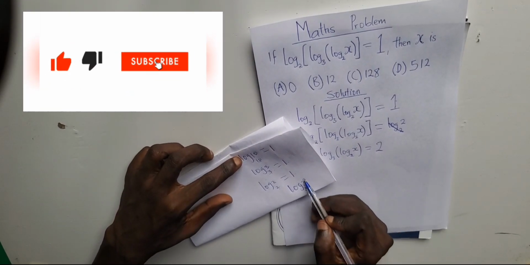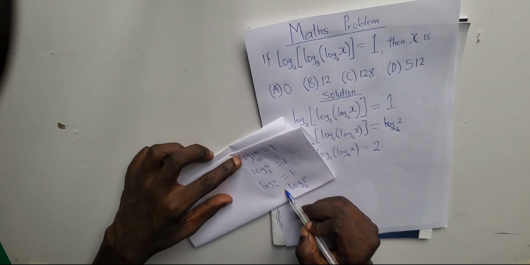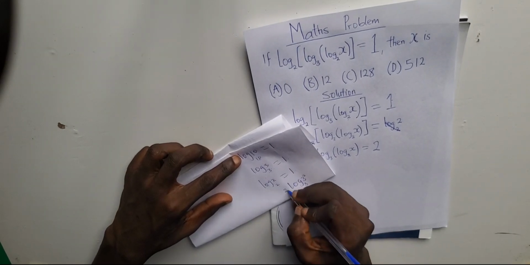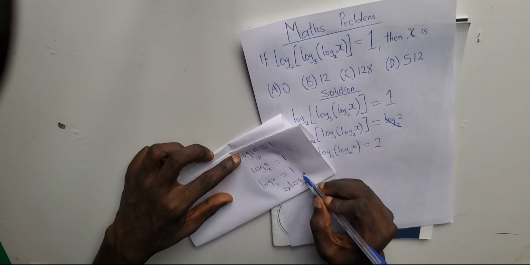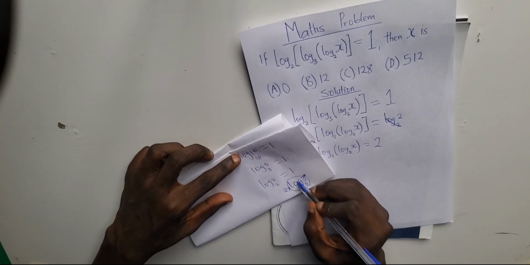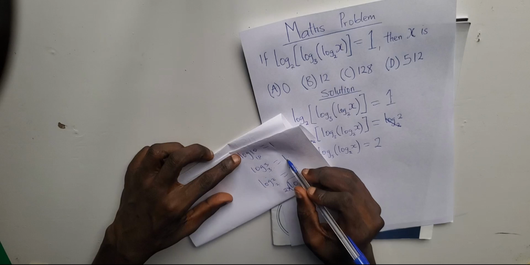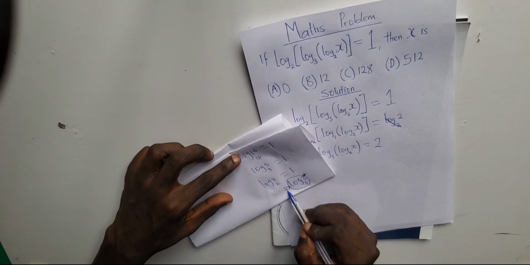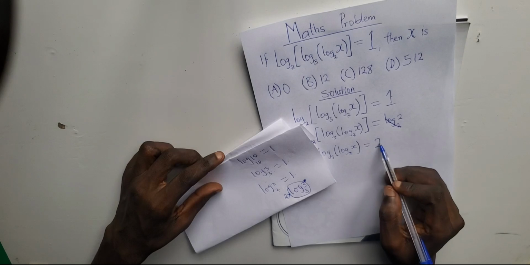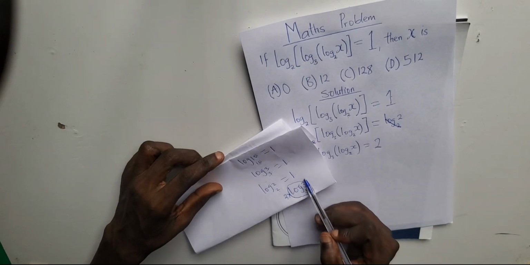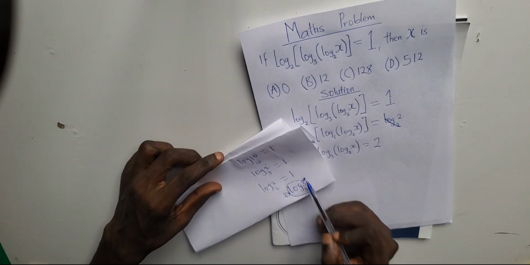Why? Because this power will have to come here. So if this power comes here, it will be 2 times. So everything here, log 3 base 3, is exactly equals to what? 1. So 1 times 2 will give me what? Will give me 2. Okay, so I will replace this with log 3 raised to the power of 2 base 3.